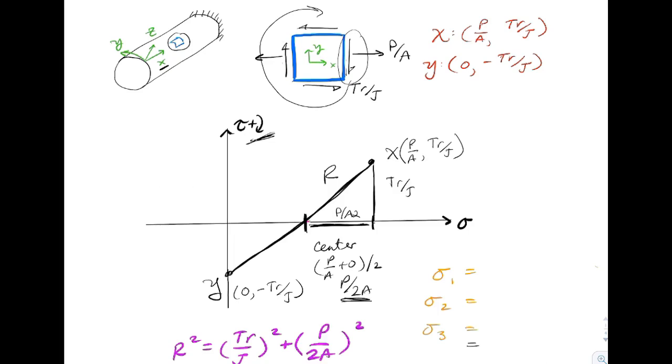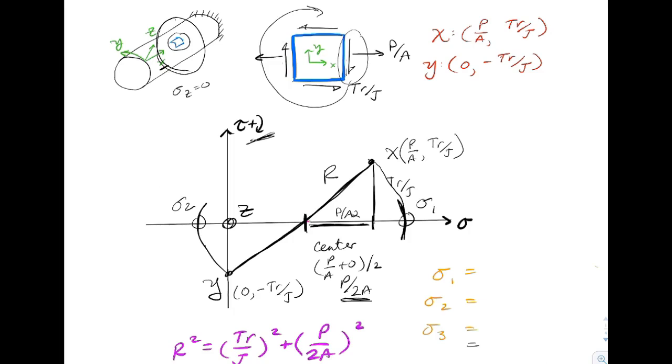Also looking at the span of Mohr's circle, we would see sigma 1 sitting on the other end, sigma 2. And going back and looking at the problem, we're on the outside edge, so we're on a free surface. So sigma z is equal to 0. So the z point would be sitting right there.